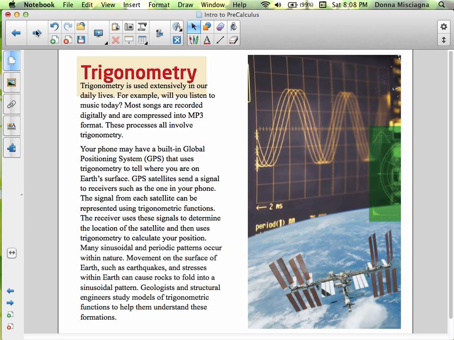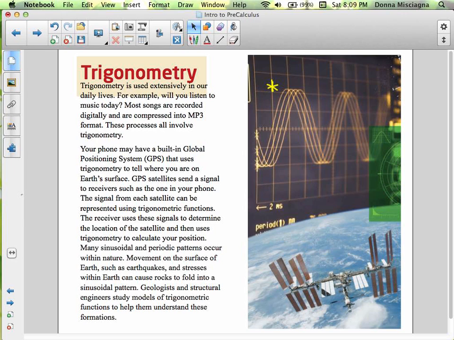So a sinusoidal pattern, that's just a wave pattern. So for instance, on the top of that diagram where you see the yellow lines, right here, that's an example of a sinusoidal pattern. It's a wave pattern. Because it's repeating, it's also a periodic pattern as well.